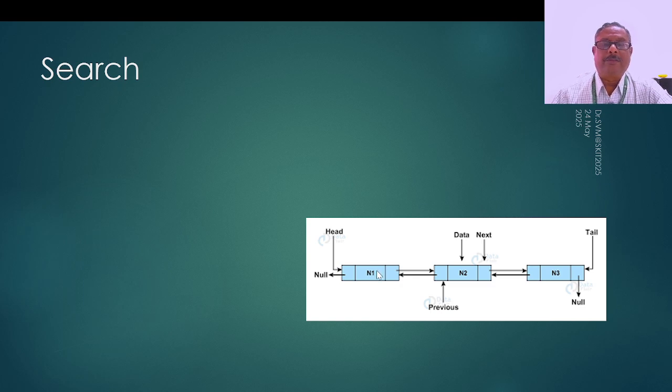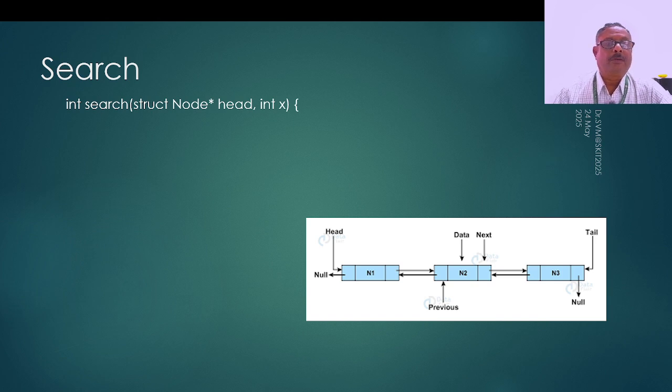Each node consists of three components: the data component, one pointer to the next node, and one pointer to the previous node. So this way we can make bidirectional movement possible.